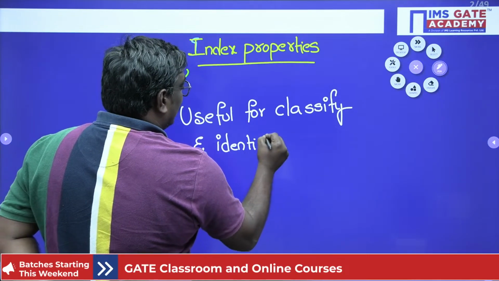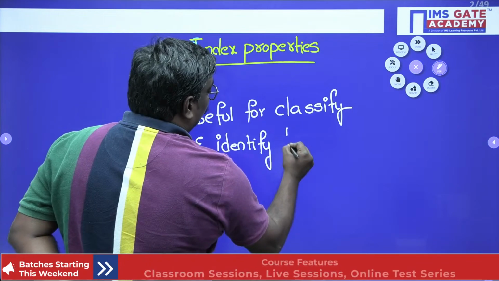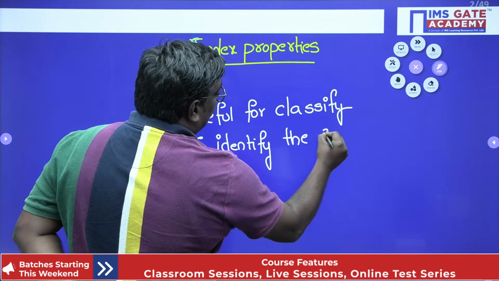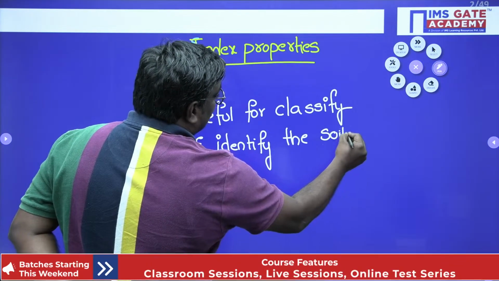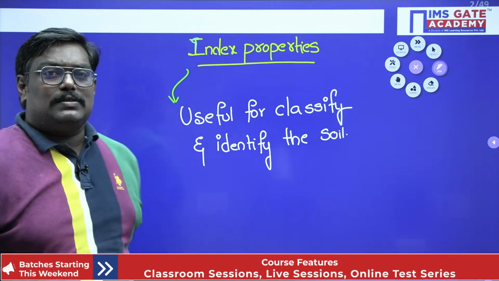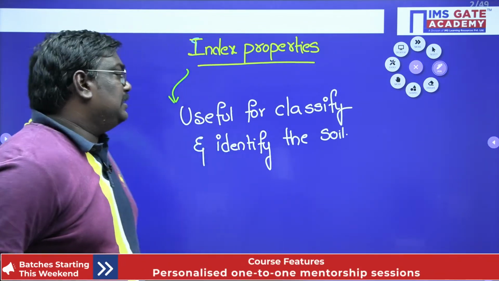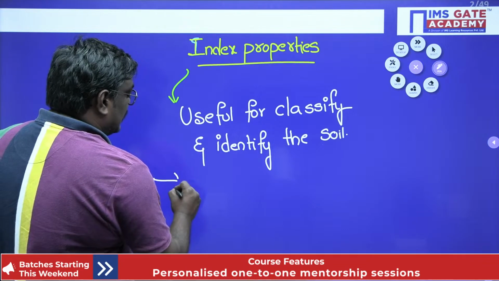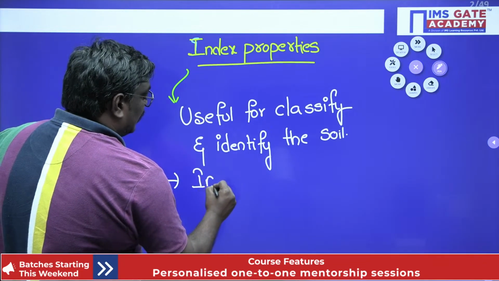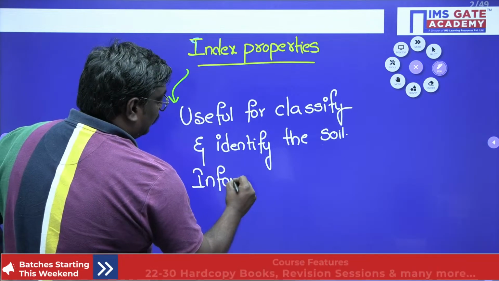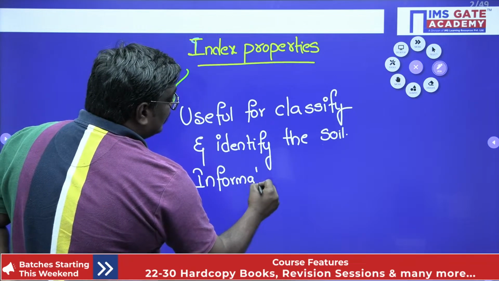To classify and identify the soil, we study the index properties. And remember, my dear students, index properties also provide a rough estimation of information about the engineering properties of soil.